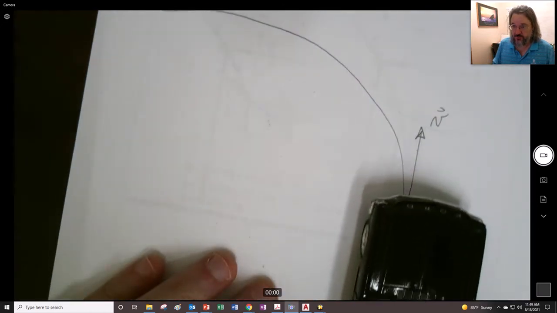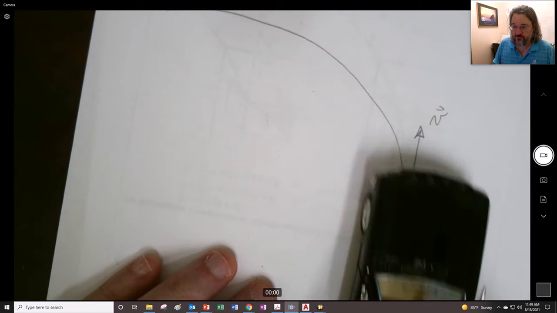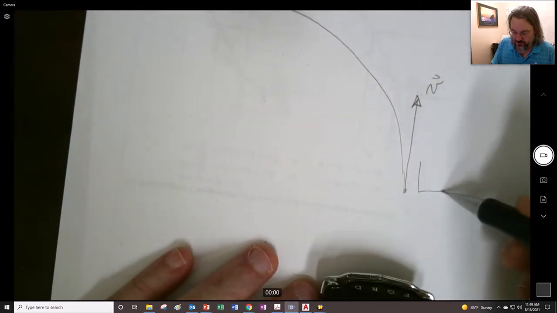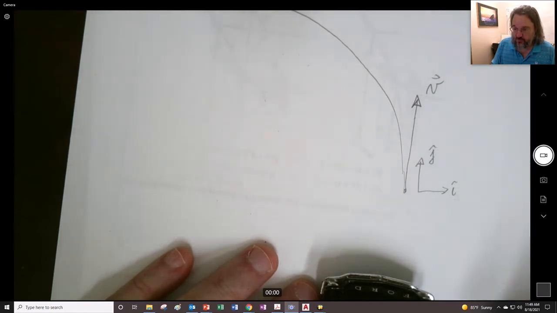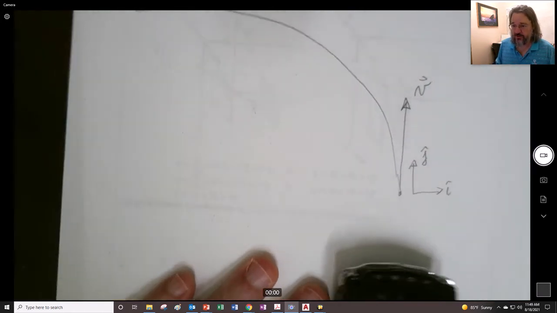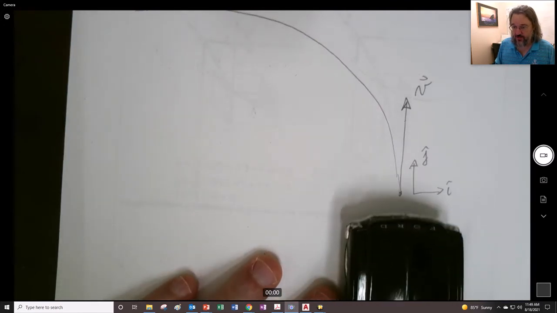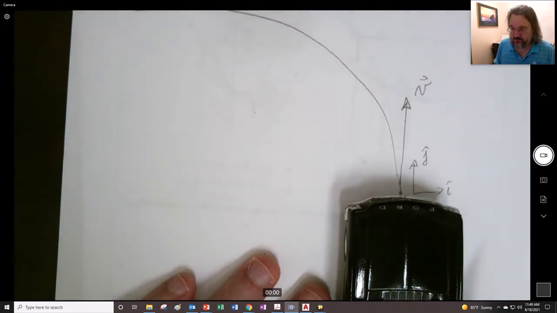He's coming through. And just as he starts to get to the curve, if this was the i and j, what would be the value of his i velocity just before he starts? It would be 0, right?